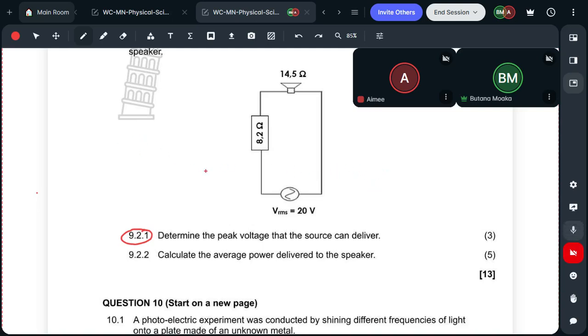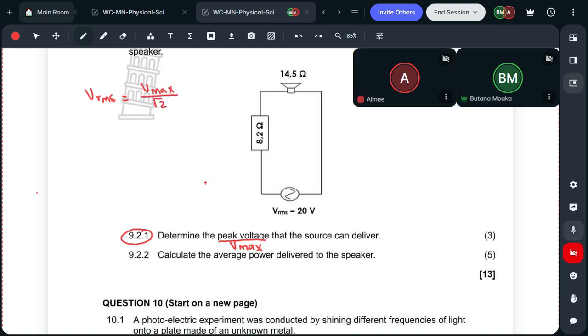You're going to look for the formula that has the peak voltage. The peak voltage is the Vmax. I think I gave you the formula today: V RMS equals Vmax over the root 2.